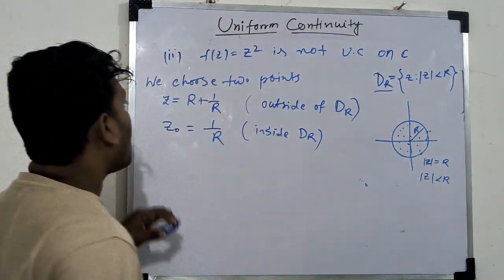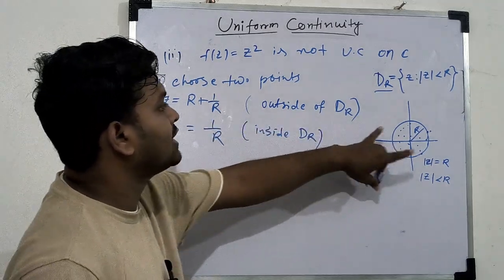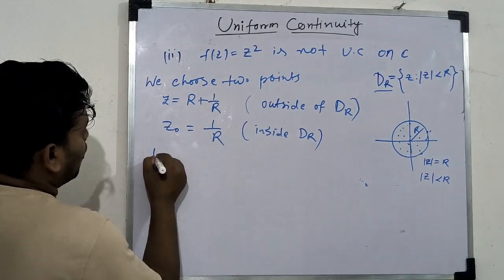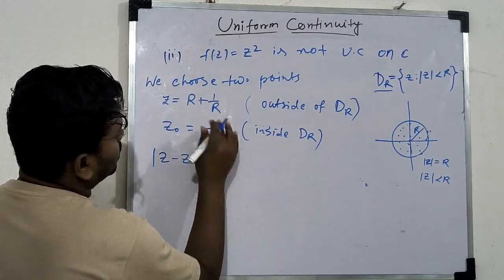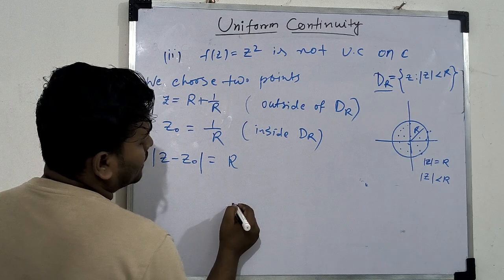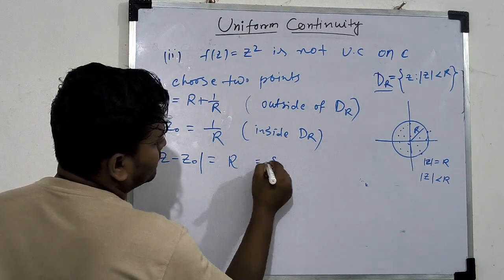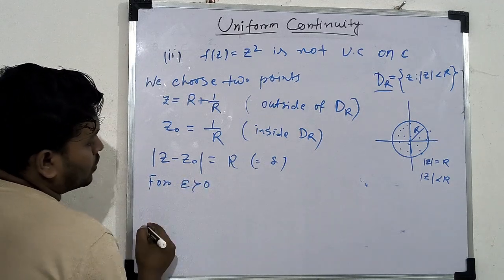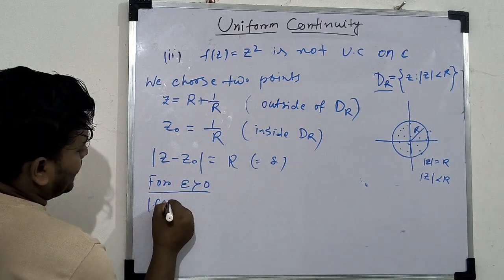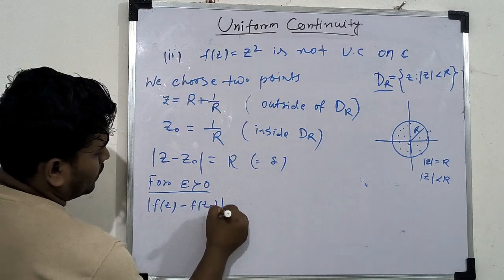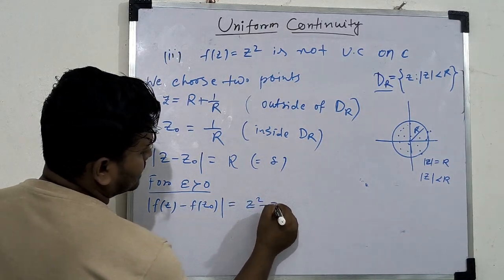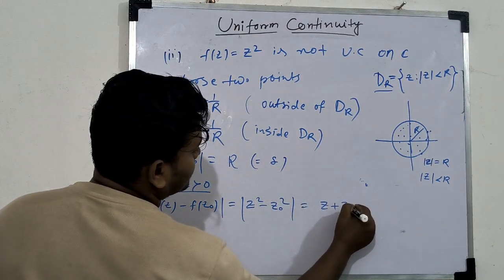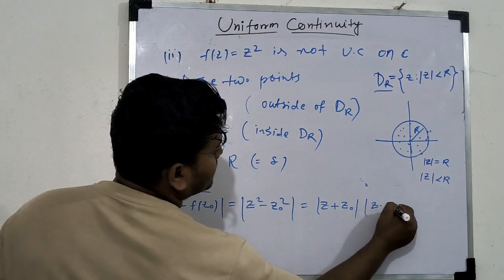So we take 2 points z and z0, one from outside of this disk and one inside this disk. For that we get z minus z0 equal to r, which is delta. Now for epsilon greater than 0, we find f of z minus f of z0 equal to z square minus z0 square, which is z plus z0 into z minus z0.